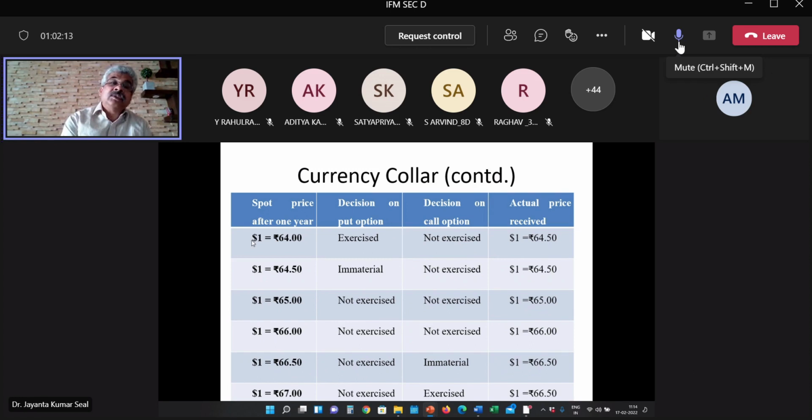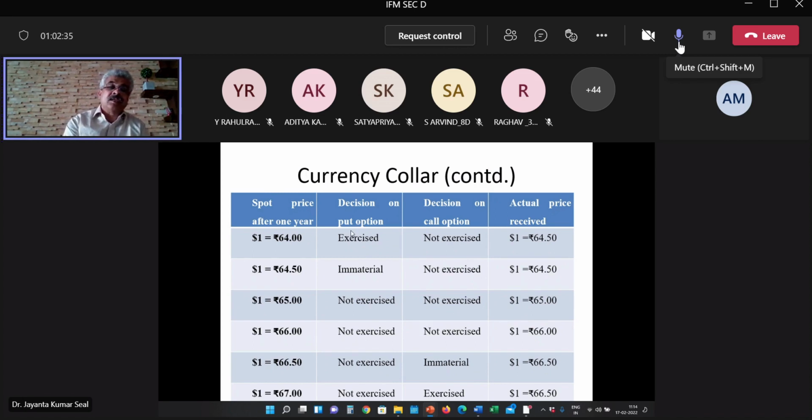So suppose the price is 64. What will be your decision on put option? So you have the right to sell at 64.5. Market price is 64. So if you sell it in the market, you get a price of 64. Whereas if you exercise your right, you can sell at 64.5.